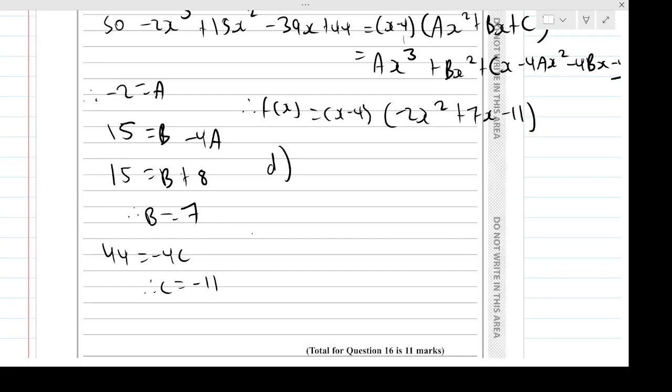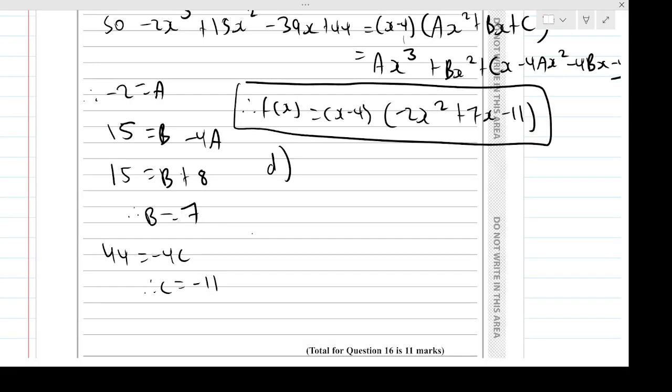So we have our function here. Firstly, let's look at where it crosses the y-axis. When's that going to happen? When it crosses the y-axis, that is when x is 0.